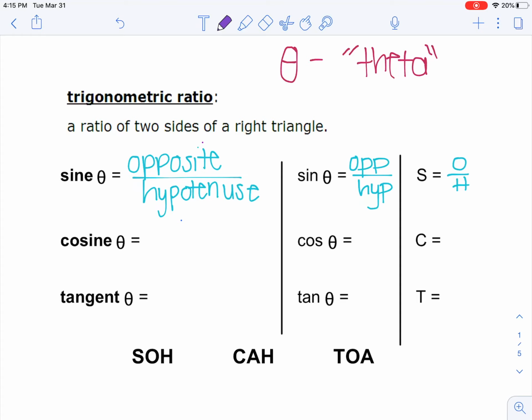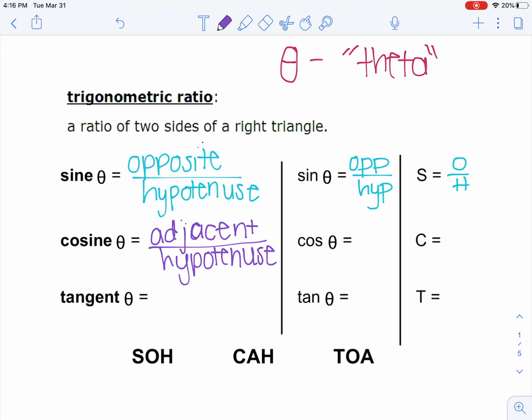Usually the shortcuts will be a good way for you to study and remember what these things mean. Next, let's go to cosine. So cosine of theta is adjacent, meaning next to. So the adjacent side over the hypotenuse. So when I say adjacent, I mean whatever angle we're talking about, it's the leg that is touching or forming that angle, not the one that's across.